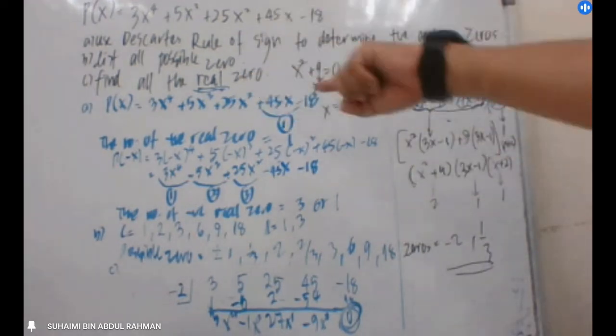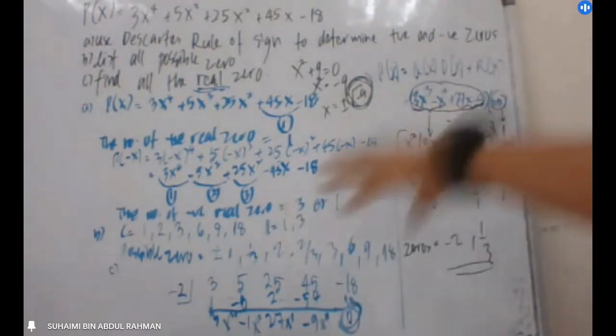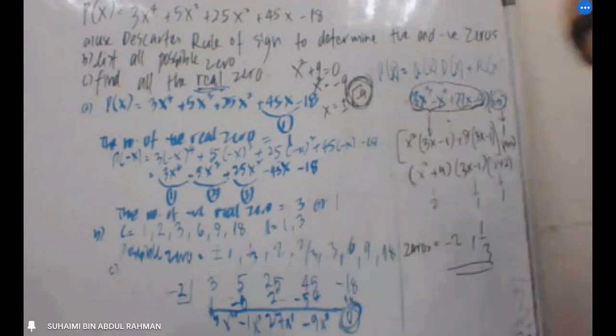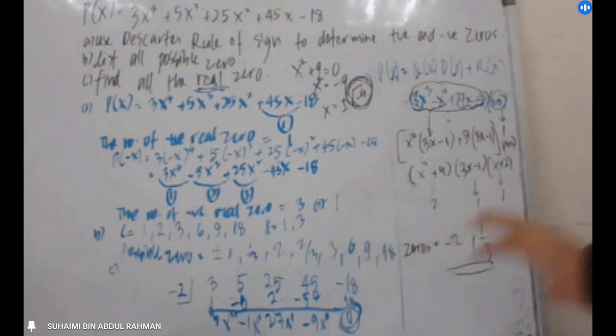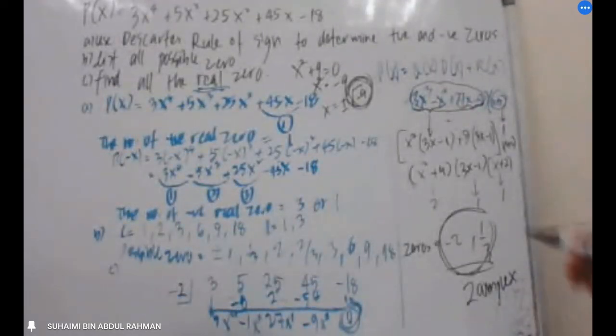Unless the question says, find all the zeros. When finding all the zeros, we have to list down all the zeros regardless of whether they are complex or real. So in this case, how many real zeros do we have? 2. And 2 complex. Right. We go back to Descartes' rule of signs.